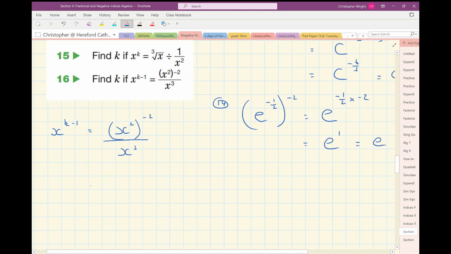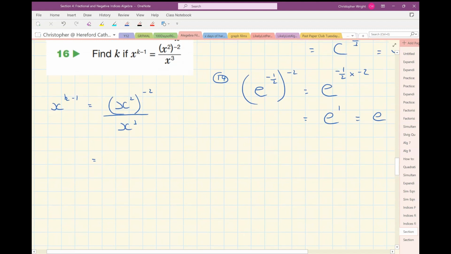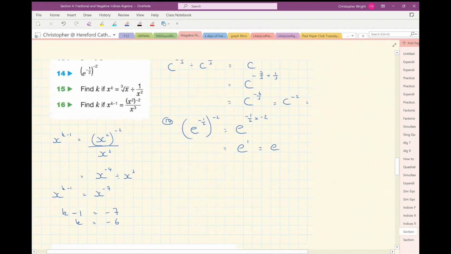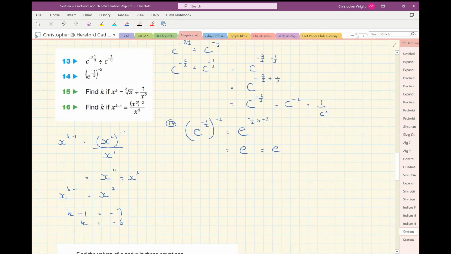Well, that means that my right-hand side here is equal to, now the numerator there is x to the power of minus 4, 2 times minus 2, and that's divided by x cubed. So that is x to the power of minus 4 minus 3, minus 7. So x to the power of k minus 1 is x to the power of minus 7. So k minus 1 equals minus 7. So k equals minus 6. And that is those questions done.